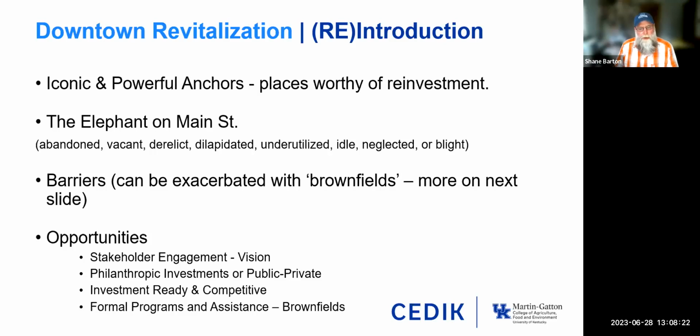But we're also all too familiar with that elephant on Main Street, right? That abandoned, vacant, derelict, dilapidated, underutilized, idled or neglected building that represents our downtowns and communities in ways we don't want, whether it may be potentially contaminated or just abandoned and blighted.